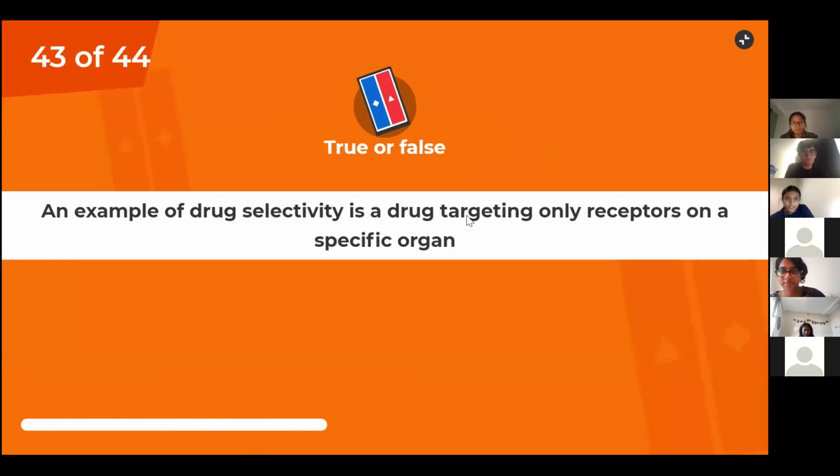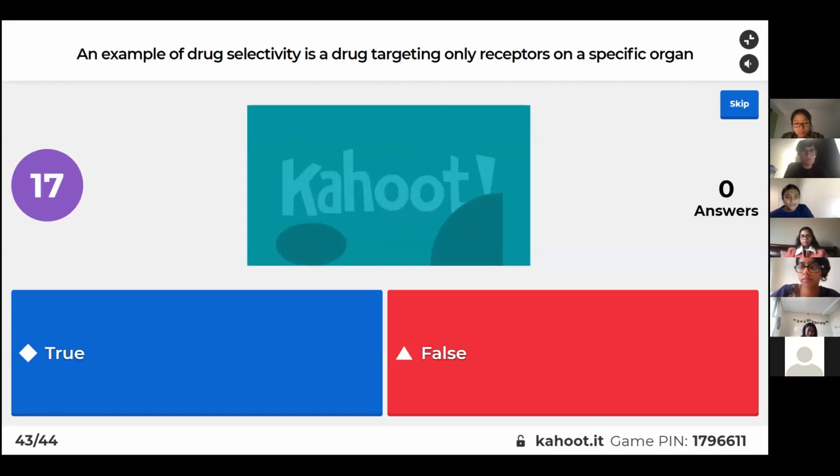An example of drug selectivity is a drug targeting only receptors on a specific organ. True or false?